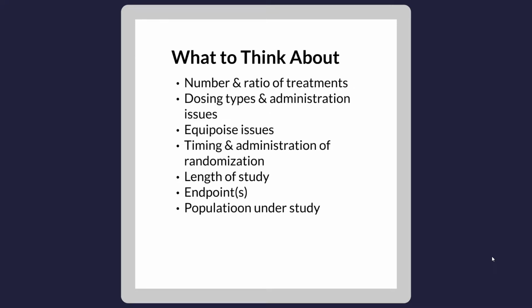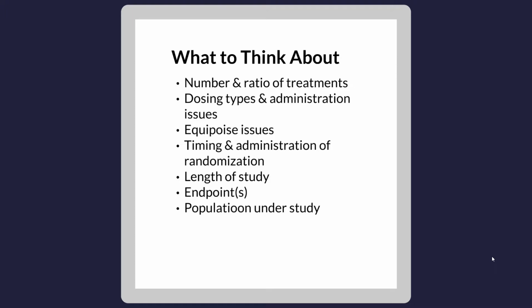Well, you need to think about the number and ratio of treatments. So how many treatment arms will I have? What is the ratio of those treatment arms in terms of participants? So if I already know a lot about the existing treatment and I have a fairly good idea what that variability and outcome will be, do I really need to collect as many people in that treatment arm?